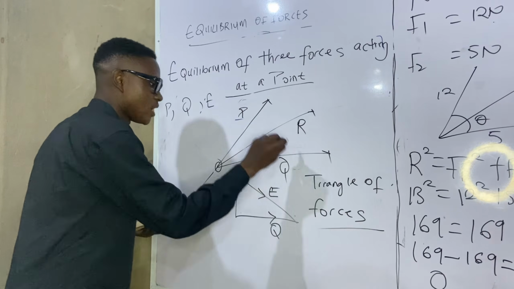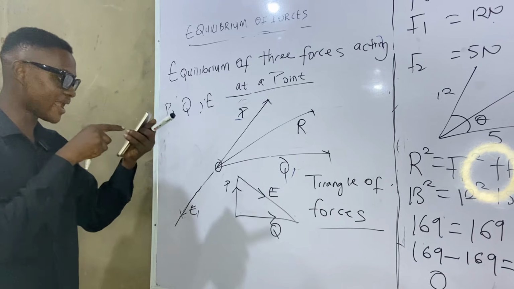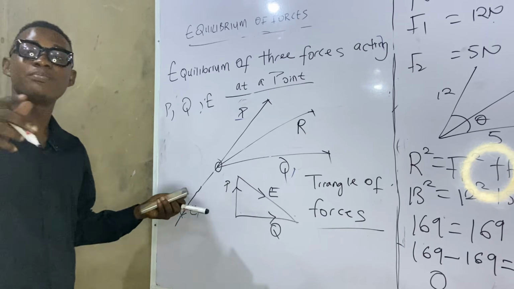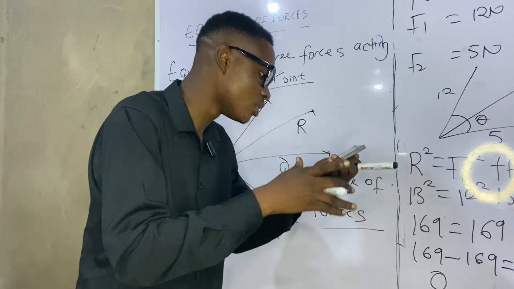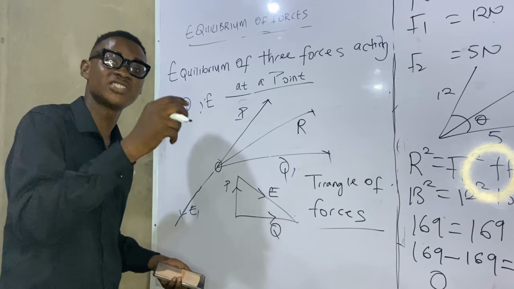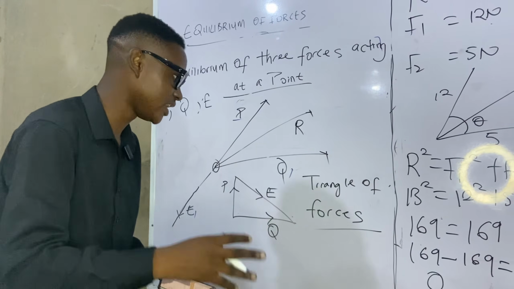If three forces, 1, 2, and 3, are in equilibrium, they can be represented both in magnitude and in direction by the three sides of a triangle taken in order.